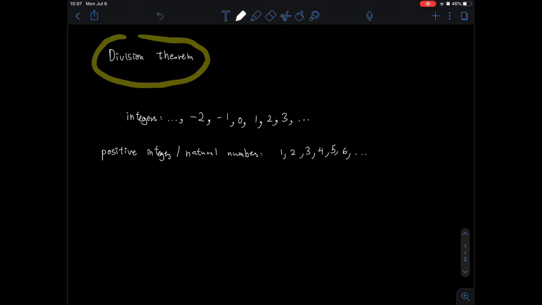It can be useful to represent the integers by equally spaced points on a straight line. For example, like this. This straight line is known as the number line.